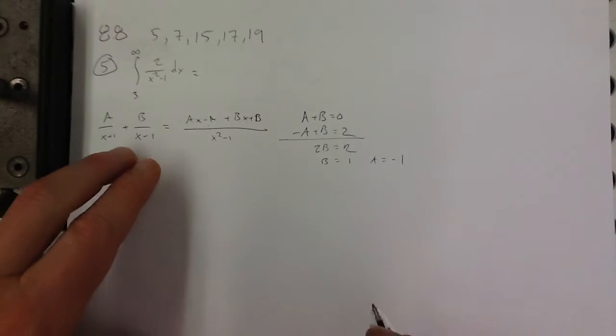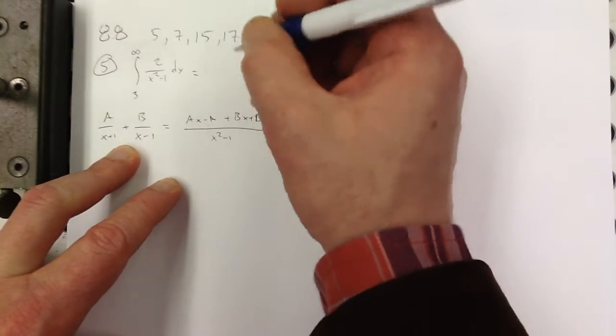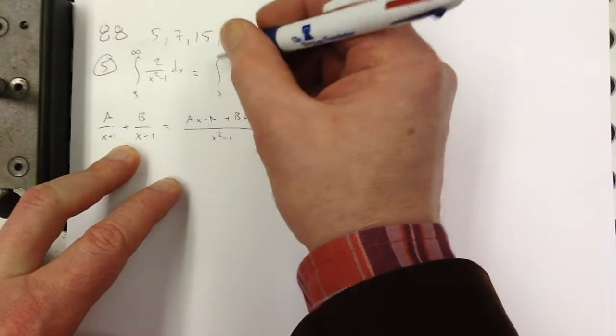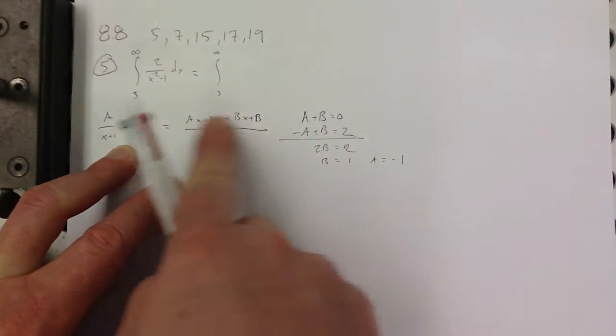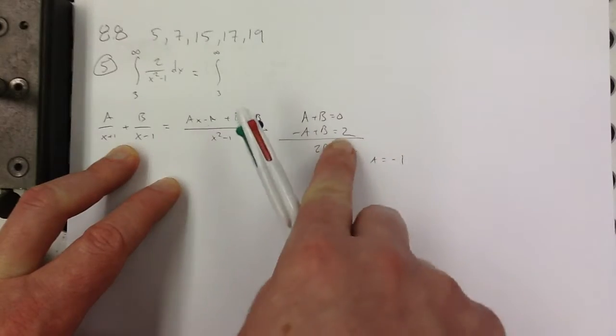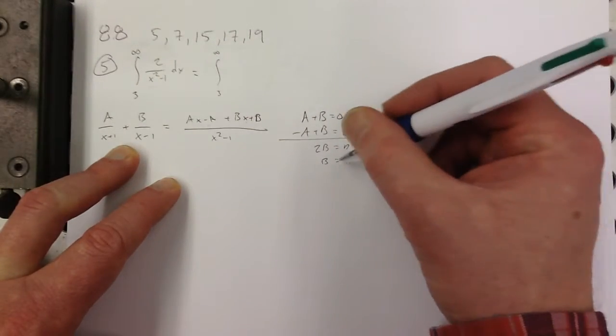All right, so I'm going to rewrite this. I'm going to write the positive one first. We'll see why in a minute, I think. So now I'm going from 3 to infinity. The 2 doesn't need to go anywhere because I used it already. Let's see, I'll do the b one first.